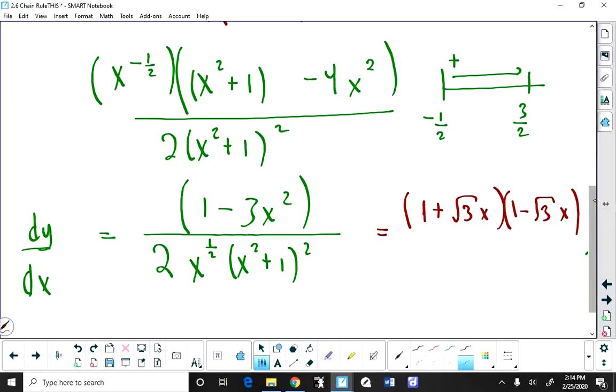The only advantage in doing that is to see that x equals plus or minus 1 over root 3. But I can see that here. If I set this equal to 0 and move the 3x squared over and divide by 3 and take the square root, I get the zeros of it. Anyway, are you good with that? Mm-hmm. Okay. Other questions?